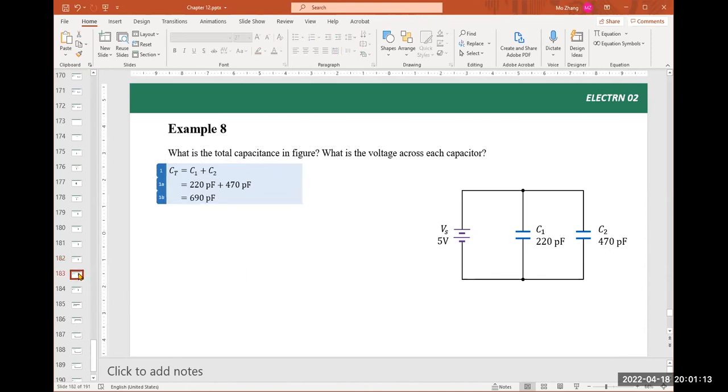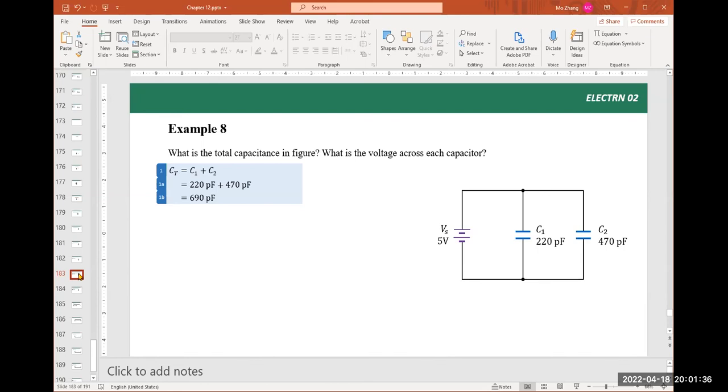And then the result is 690 picofarad. So as you can see, this is pretty easy, right? When we connect capacitors in parallel, that's so easy. We are improving the capacitance system.